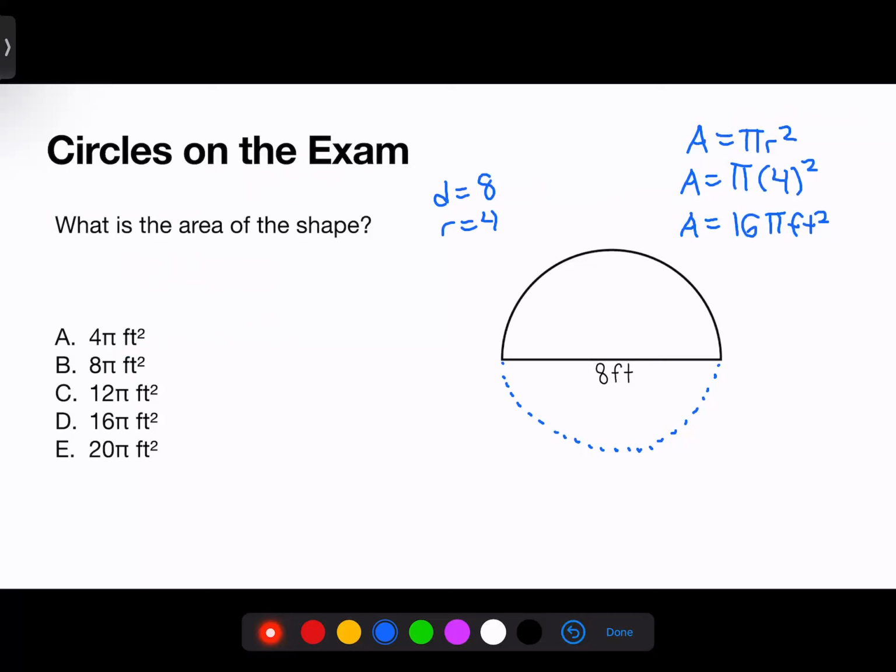A full circle would have the area of 16 pi, but we only have a semicircle. So we need to divide 16 by 2 to get this shape here. 16 divided by 2 is, of course, 8. The final answer is 8 pi feet squared. Choice B.